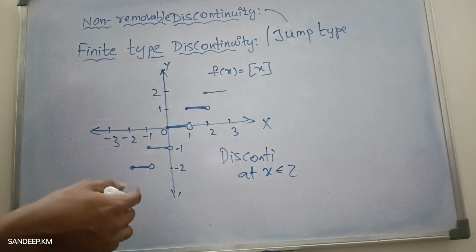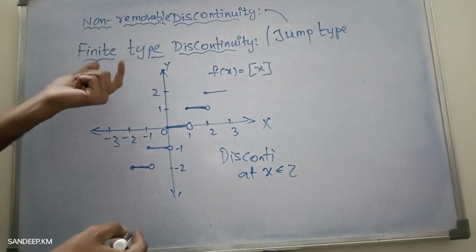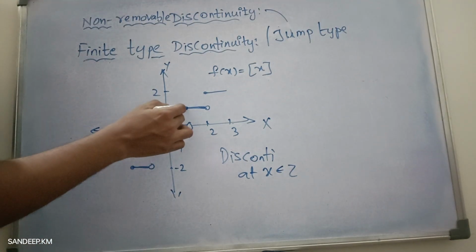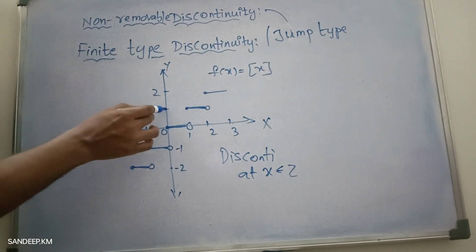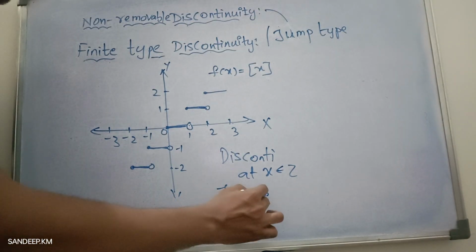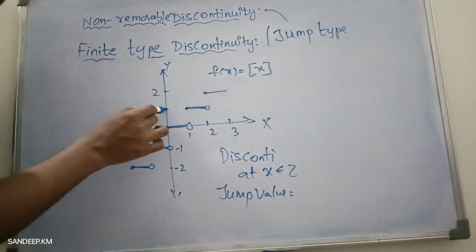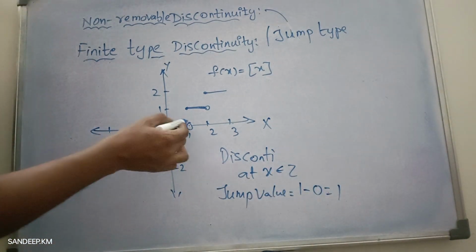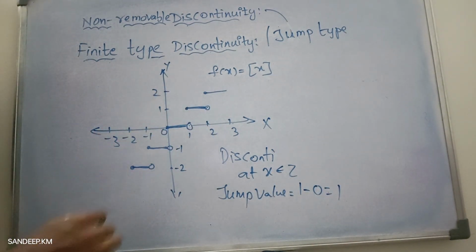It is jump type discontinuity, which is nothing but finite type discontinuity. And what is the value of the jump, dear students? This output minus this output. Larger output minus smaller output, which is 1 minus 0, which is 1. Everywhere the jump value is 1 unit. So this is one of the best examples for the finite type discontinuities.